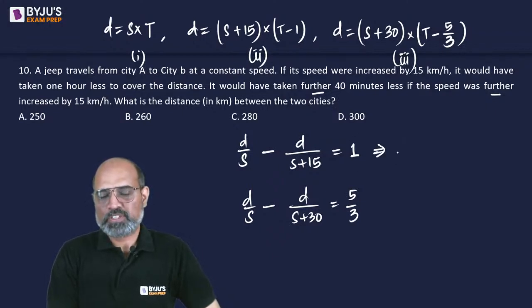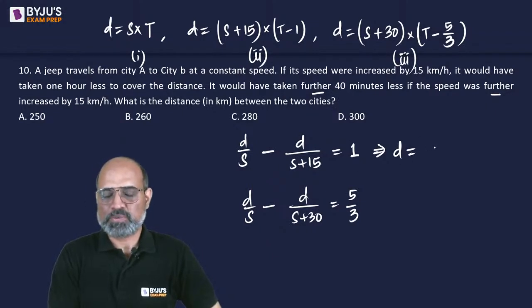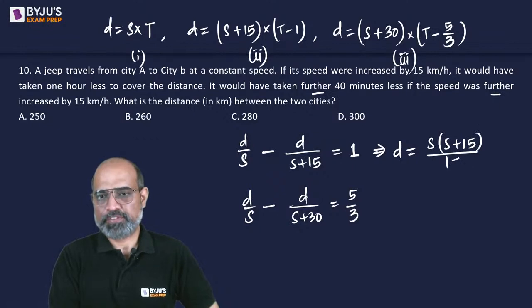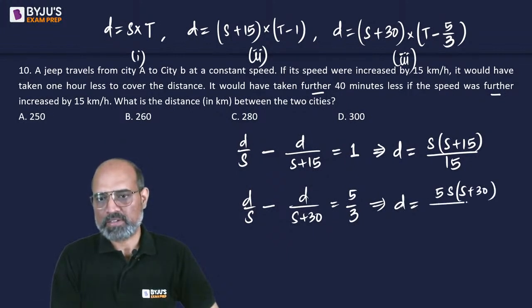So from the first one, we will have d is equal to s into s plus 15 divided by 15. Okay? If I solve the numerator part, s plus 15 minus s, which will give us 15 by s into s plus 15. Rearrange kar liya. And from the second one, we will have d is equal to 5 times s into s plus 30 whole divided by 3 into 30, which is 90.